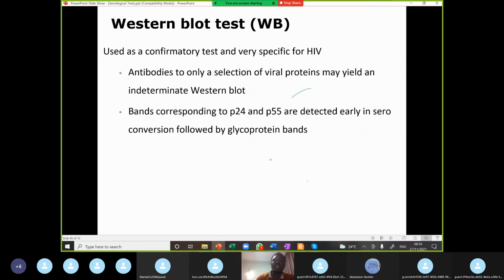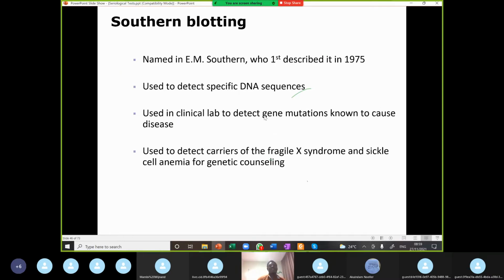So when we detect the presence of these proteins in samples, the technique is called Western blotting. The details of the techniques are not important for this lecture.